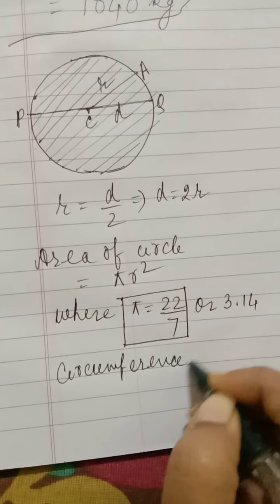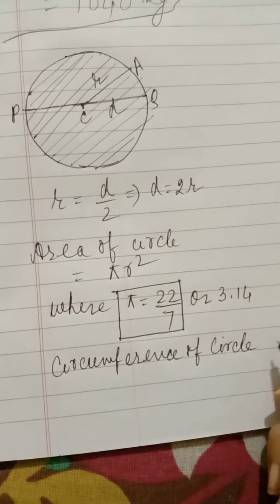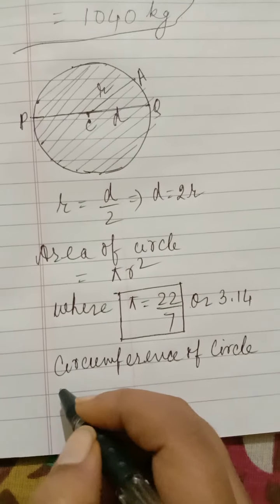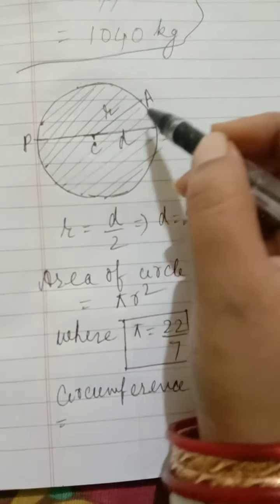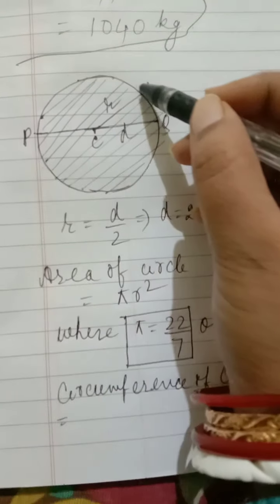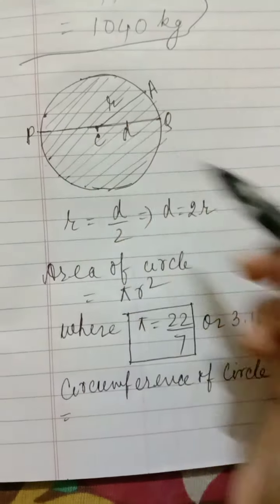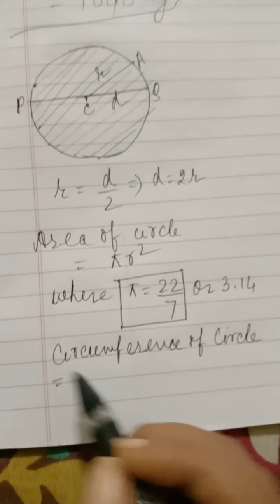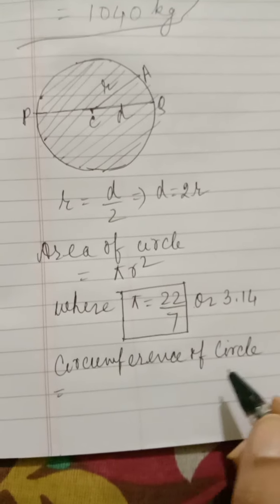Now circumference of circle. Circumference of circle means it is the length of the boundary of the circle. Suppose we start from the point P and we return to the point P again, so this length of the boundary of the circle is known as the circumference of the circle.